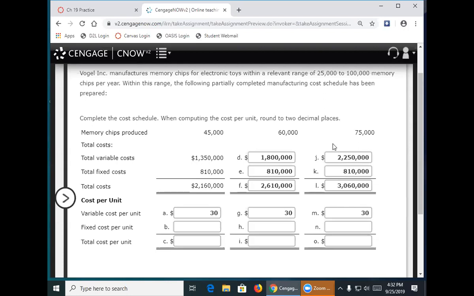Okay. So fixed cost per unit, we're truly just taking the total fixed cost divided by however many we produced. So at the 45,000 level of production, 810,000 divided by 45,000, what's my fixed cost per unit?